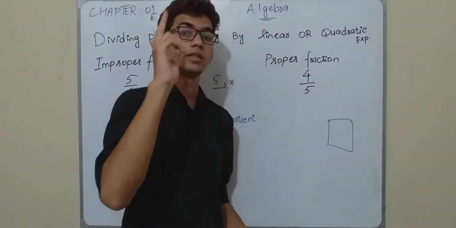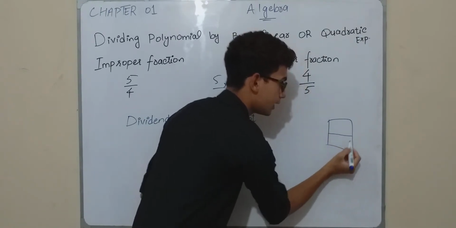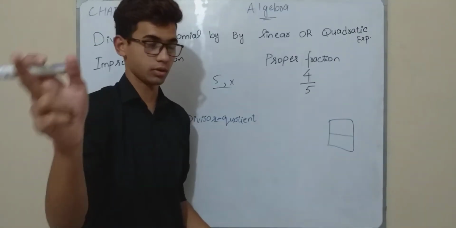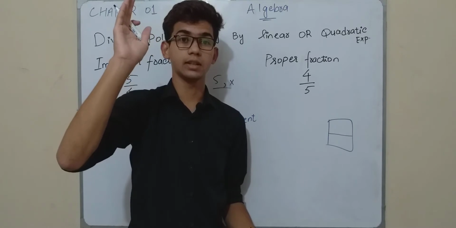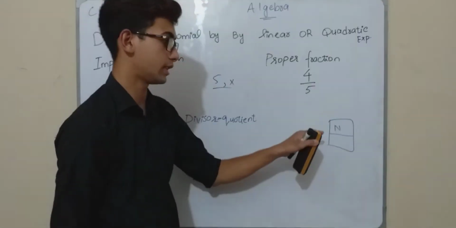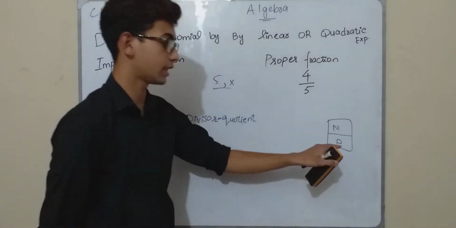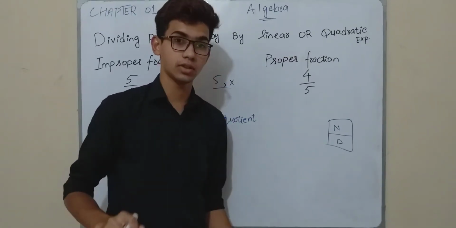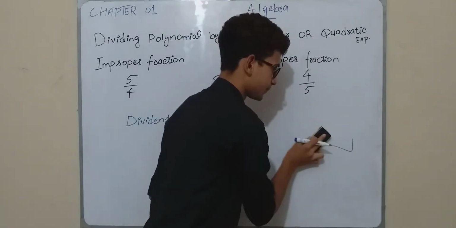Look at the roof, and just imagine a straight line in space, say from this point to that door. Now consider that the ceiling is the numerator, and I'm denoting that with n, and your floor is the denominator, and I'm denoting that with capital D. Ceiling is numerator and floor is denominator. This is the best way to memorize it.